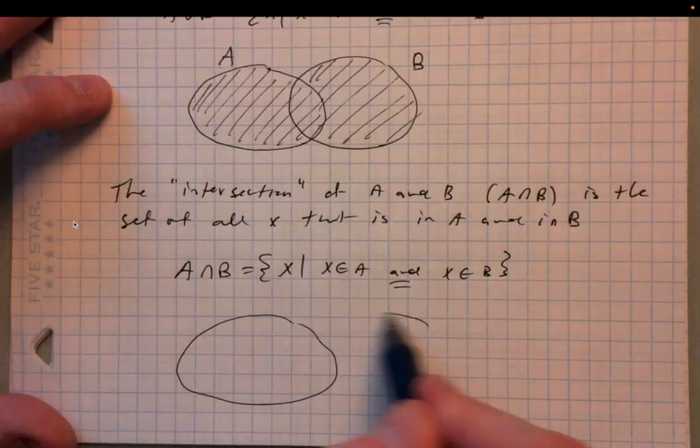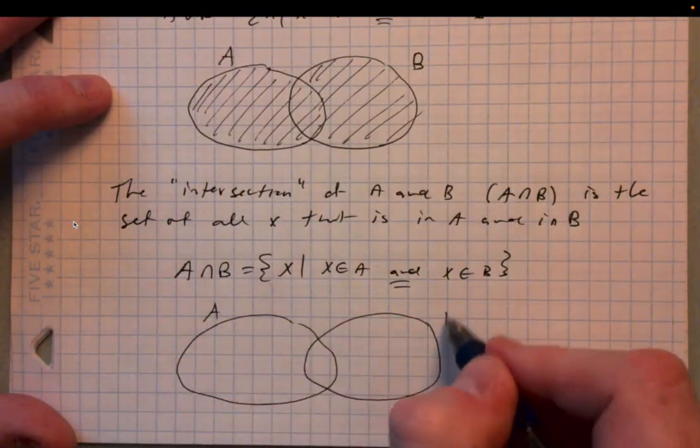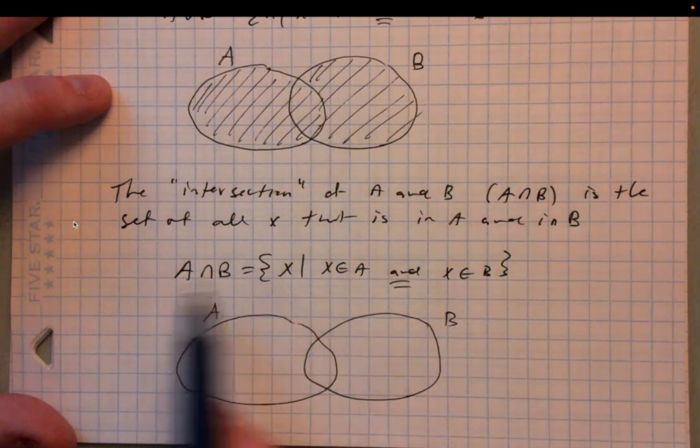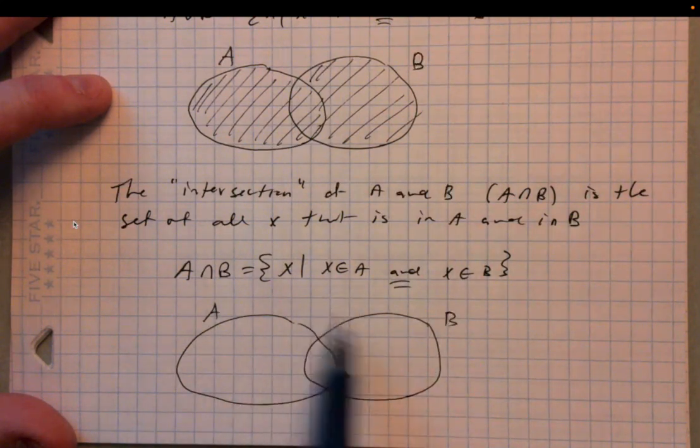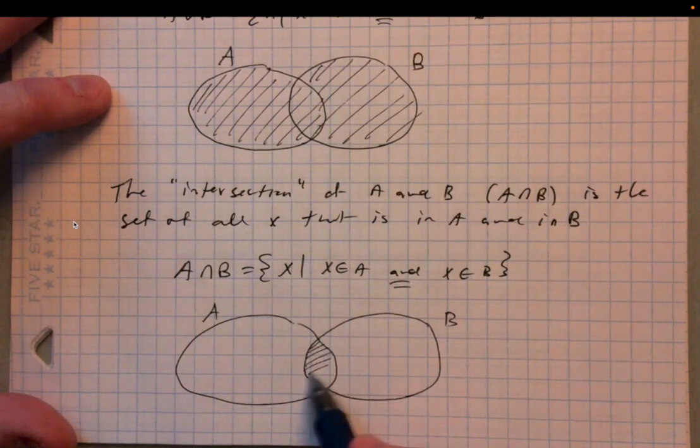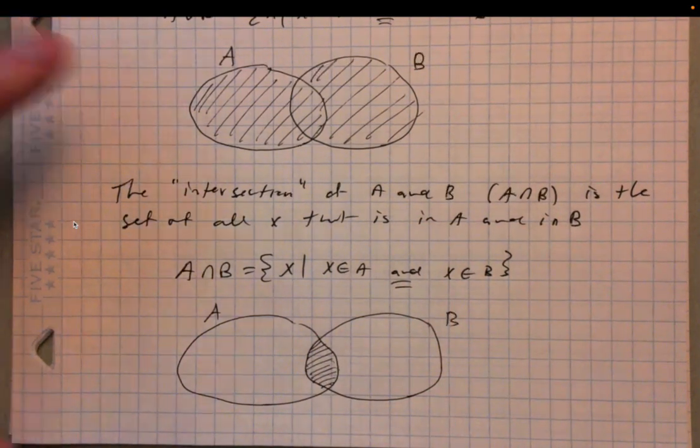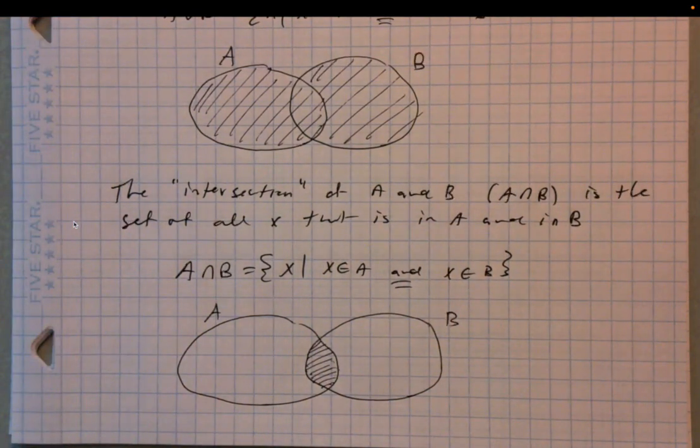If we think about this from the standpoint of a Venn diagram, in order to be in A and B, you have to be in A and in B. And so that means we're talking really about this little section here. That's the intersection. And again, I anticipate this is not new.